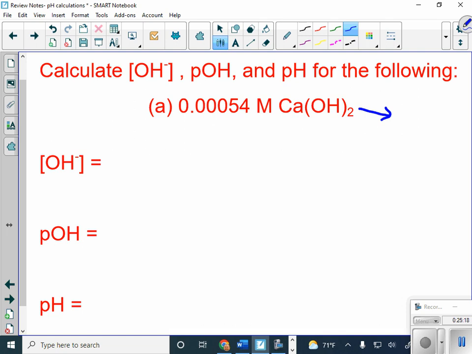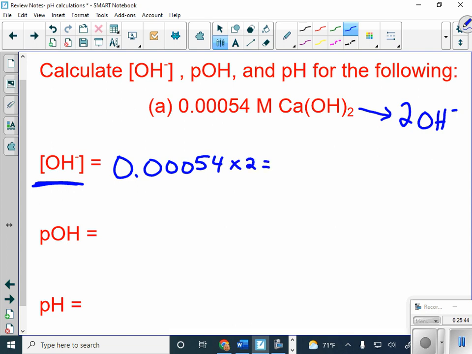Now, the thing about this that makes this different is, can you see that if this would dissociate into the ions, how many hydroxide ions would I have? I would have 2 of them, correct? So when I'm doing the concentration of the hydroxide ion, I need to take that 0.00054 and multiply that by 2.